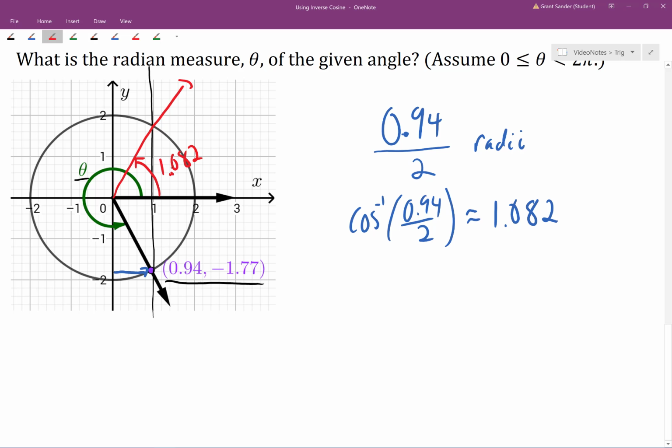Now if we look at this diagram, we can see that if we start at the 3 o'clock position and then rotate theta radians, we'll have to rotate another 1.082 radians to complete a full rotation. So we could say that if we start with theta radians, and then add that 1.082 radians, we should end up with 2 pi radians.